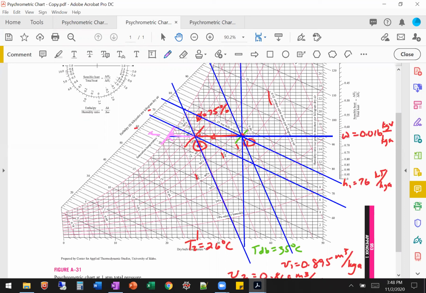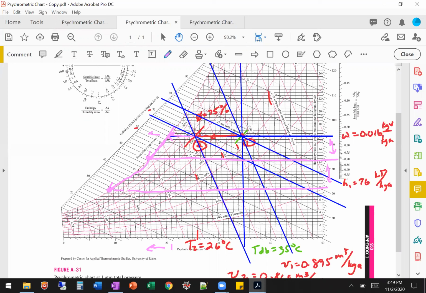In our problem, we didn't get to 100% relative humidity, but if we cooled enough to hit there and kept cooling, we only went to 26, but if we went beyond this 21, we would have started condensing water. As you move along here, you're condensing water. Now your exit state has a different specific humidity, way over here. And you're dropping out water because your specific humidity is changing, so that means there's water leaving your boundary.